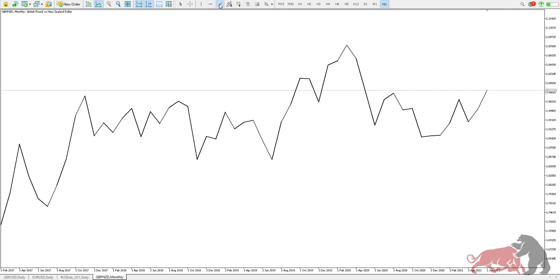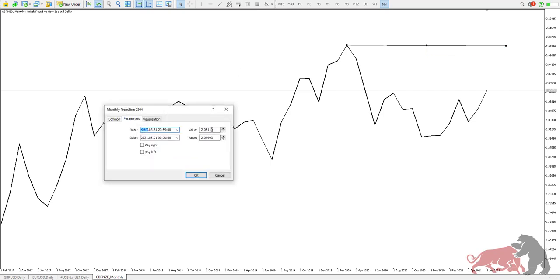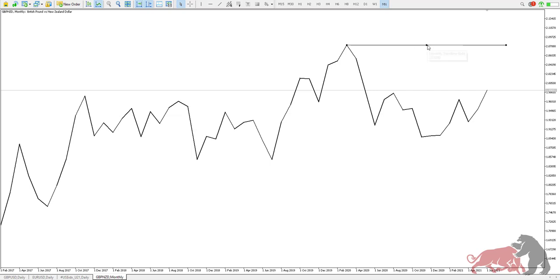So I'm going to highlight my swing high here, right? Now this line, the swing high, is coming in at 2.08110, right? That's the swing high. Now we have a new low that was created.